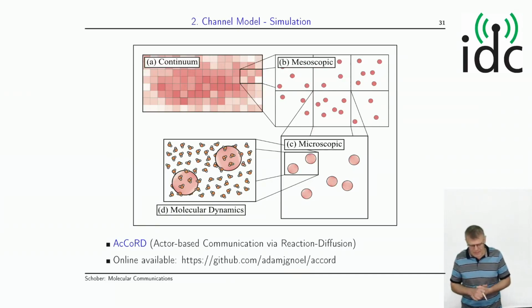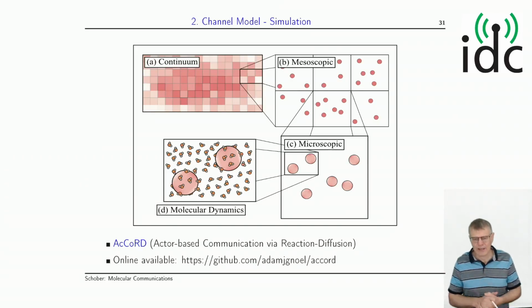Okay, so now these simulations are important, and actually in the literature and also online you can find a number of simulators already. One very convenient simulator is this Accord simulator that was developed by Adam Noel, my former PhD student who is now a faculty at Warwick University. And you can download the simulator from this GitHub page and also play a little bit around with it.